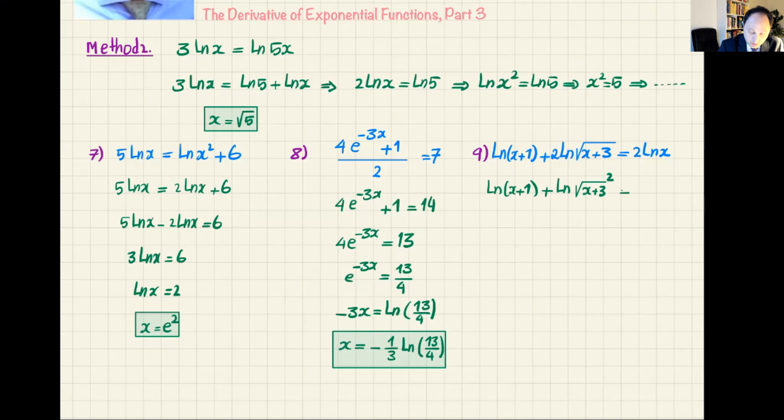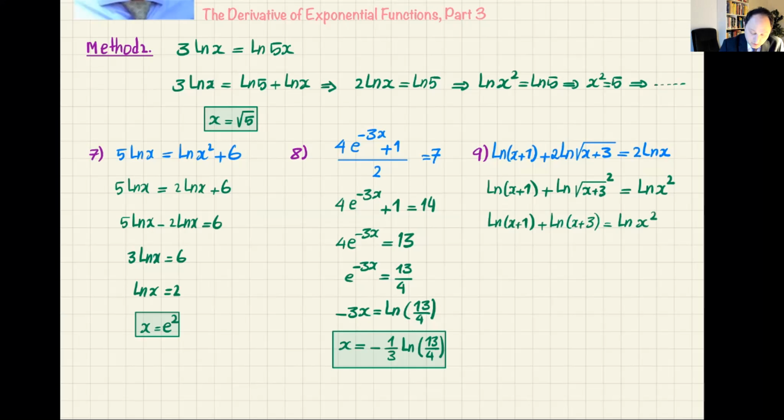On the right hand side, I also write ln of x squared. But of course, this power of 2 here will actually cancel this square root. So I will have ln of x plus 1 plus ln of x plus 3 is equal to ln of x squared.